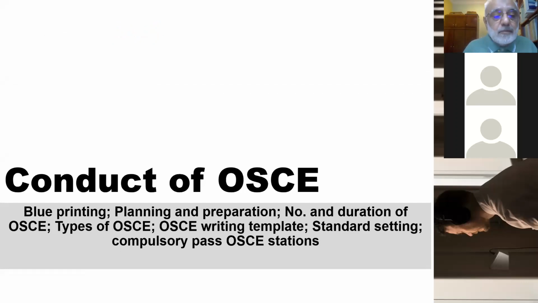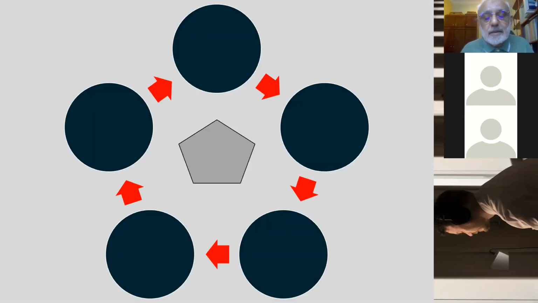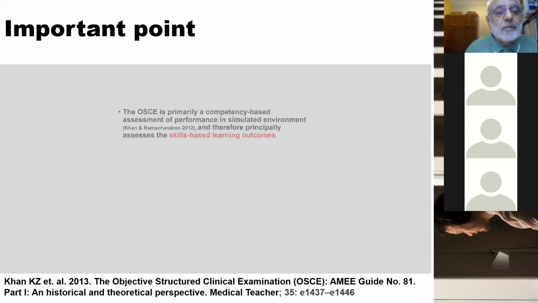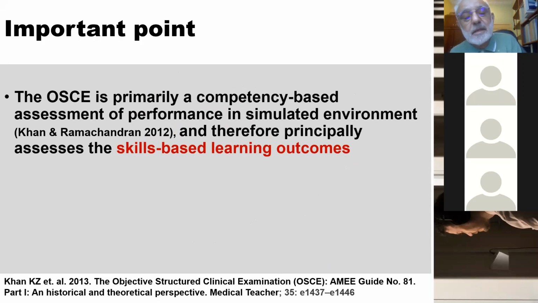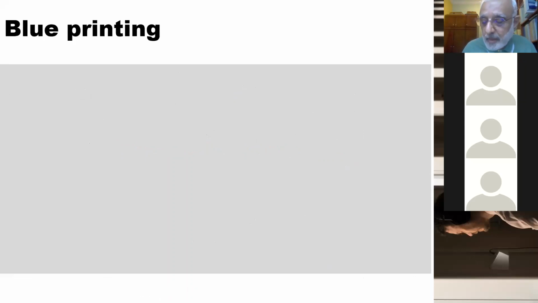So, conduct of OSCE, as we see, is a circuit where students rotate. The important point here is that OSCE is a skill-based or clinical-based examination and not a theoretical-based examination.